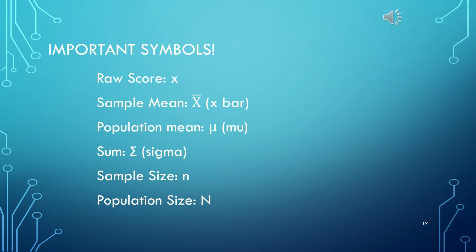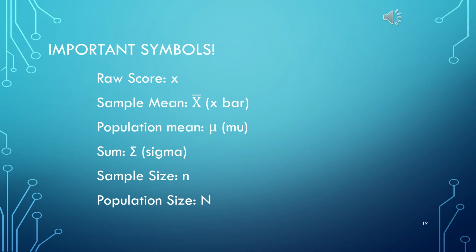But the sample mean, represented by what we call X bar, is an average of all of the raw scores for one particular variable. The population mean, though, is represented by the Greek symbol for mu, and that can get a little confusing. When we make hypotheses, we're talking about populations, but when we actually conduct data analysis, we're talking about samples.